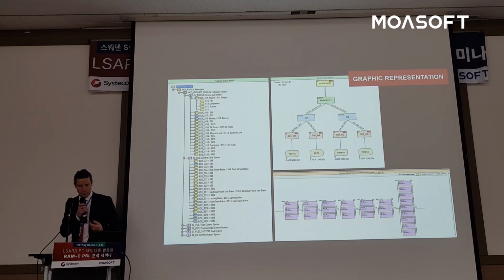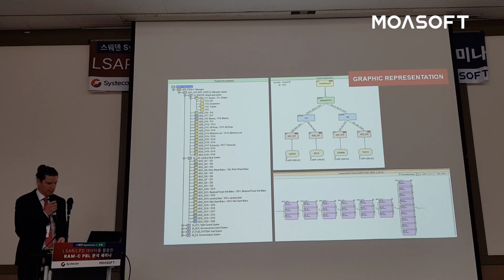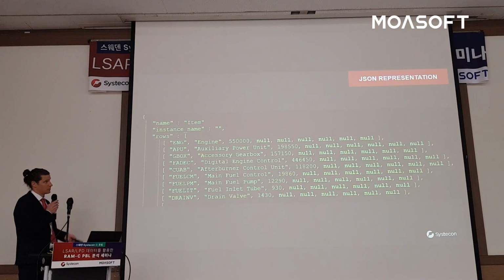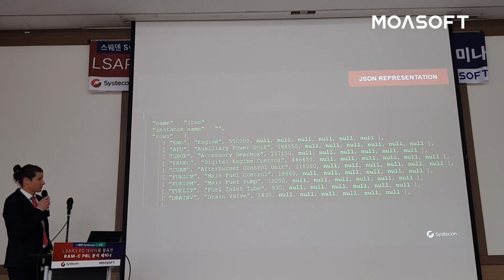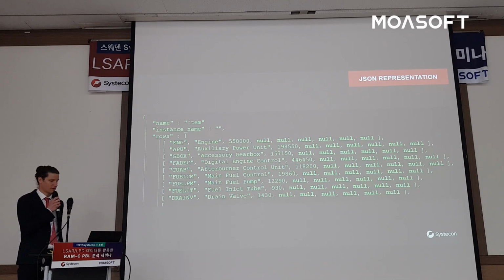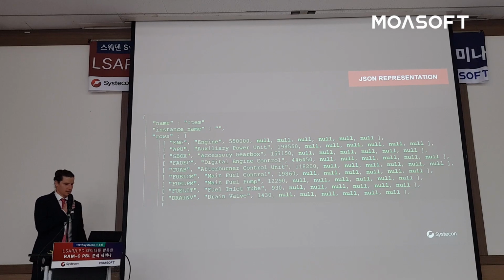So this is another type of representation of this data. And a third one is, again, the JSON representation of this item table from the Opus input. So that's another way that we can represent this data model of ours that we can integrate and work against.